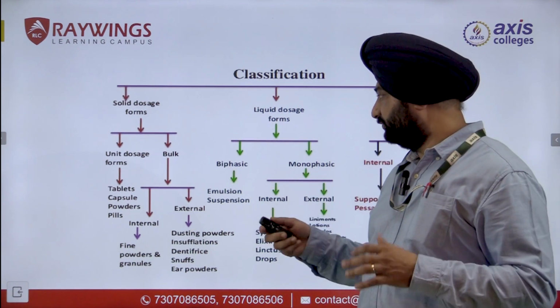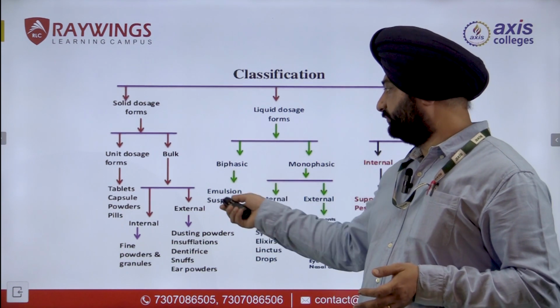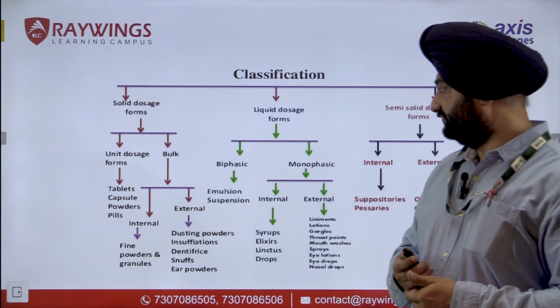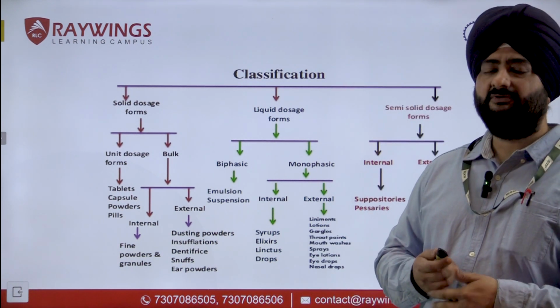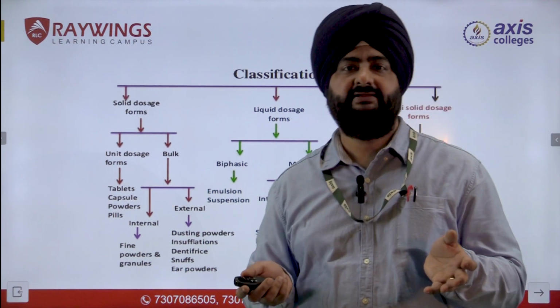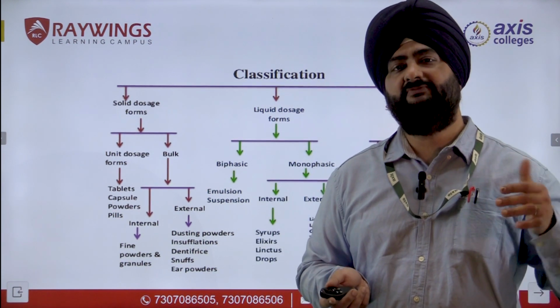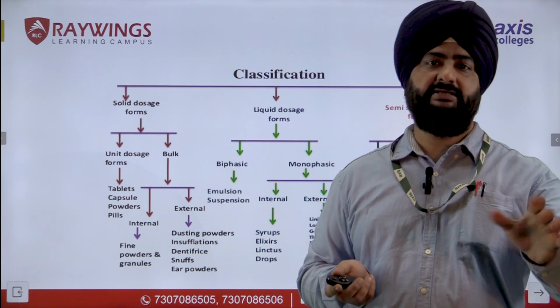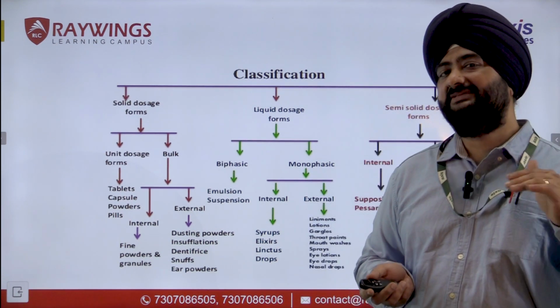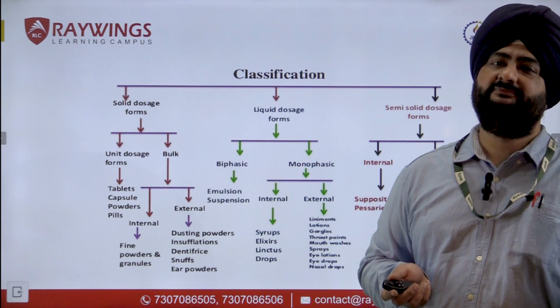And bulk means more. It further divides into two parts: internal and external use. What is the difference between internal and external? Internal means any dosage form which we swallow. And external is any dosage form which we do not swallow.